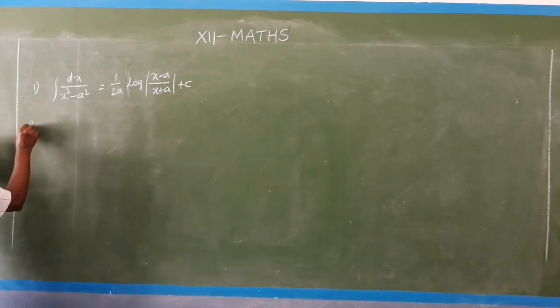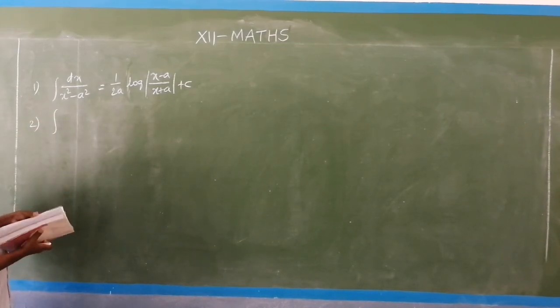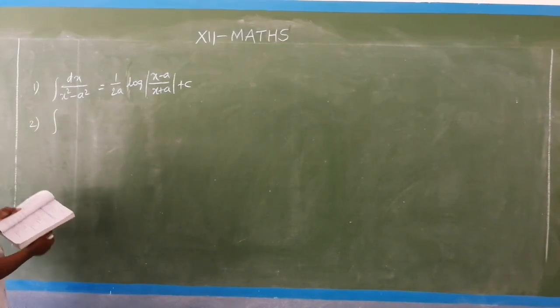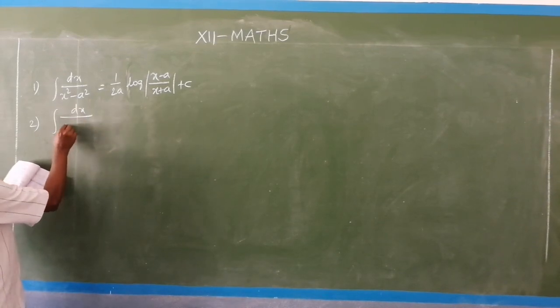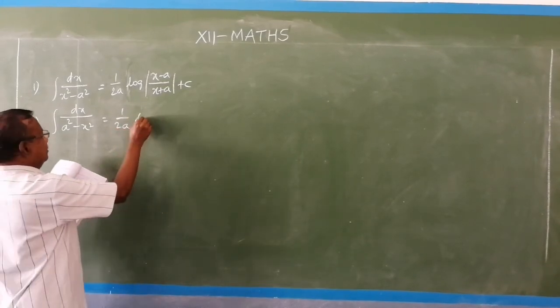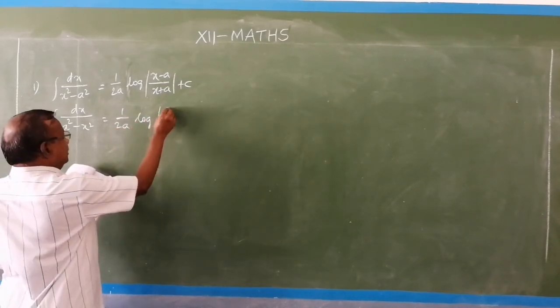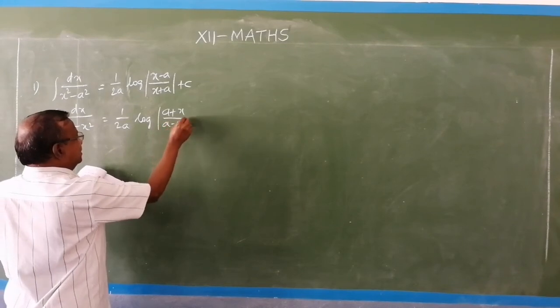And the second one is integral dx divided by a square minus x square equal to 1 by 2a into log of a plus x divided by a minus x plus c.